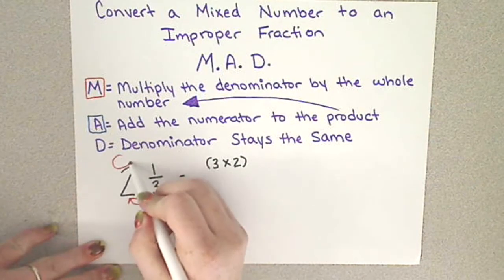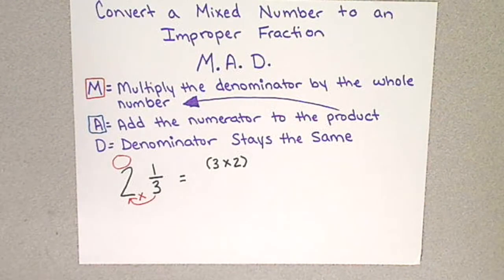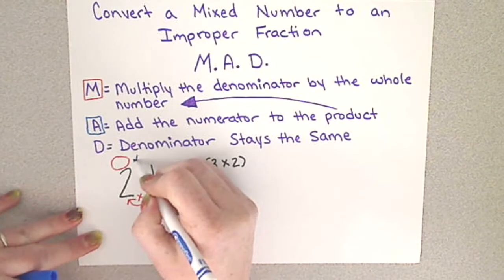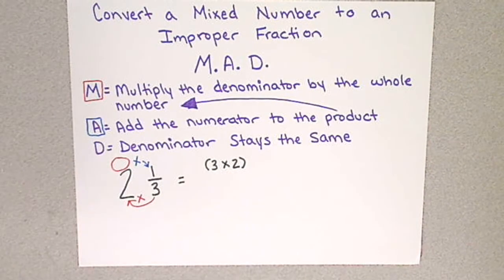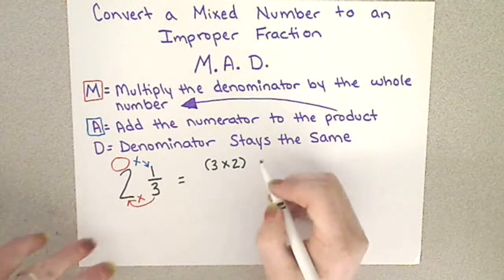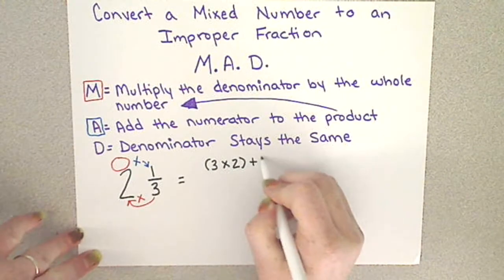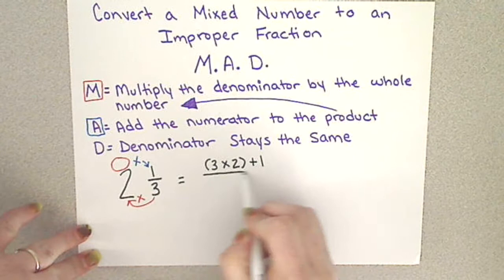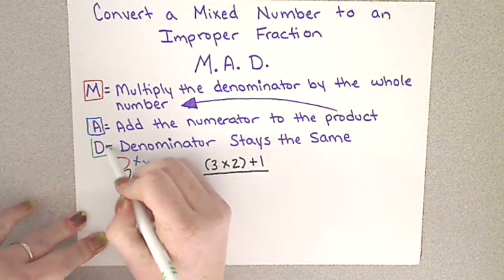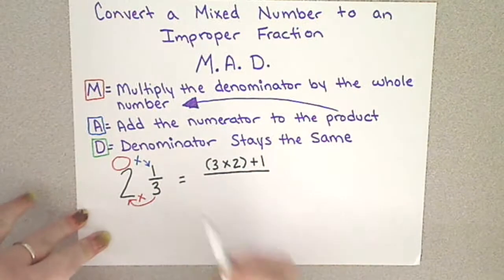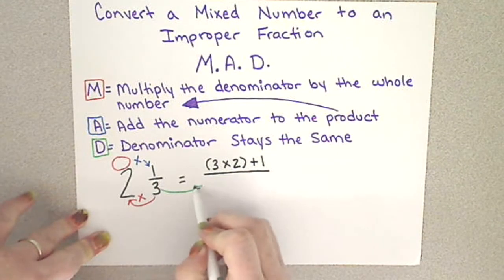So we'll get the product there, and we're going to add it to the numerator. And this is all going to stay over D, a denominator that does not change.